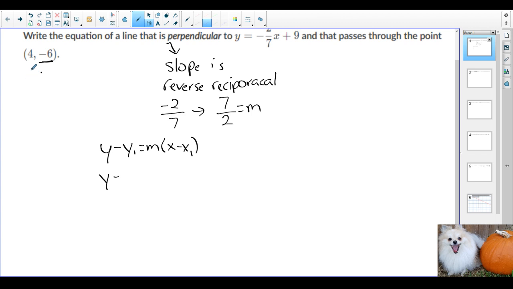Let's pick a different color. y minus -6, and we're going to change that in a little bit, equals m, slope we said was 7/2, times x minus, and then our x value is 4.